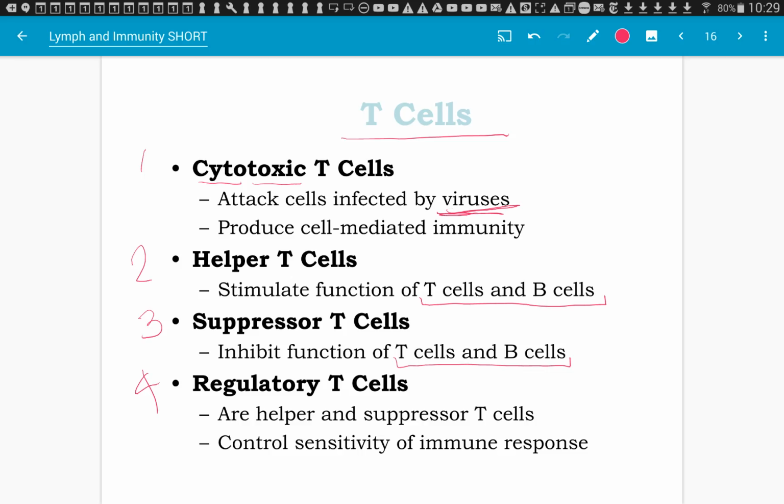Then you have regulatory T cells, and they're both helper and suppressor cells. What does regulatory do? Here's the important part: it controls how sensitive your immune response is, from no response at all all the way to an anaphylactic response. So regulatory just determines how strong an immune response you have.